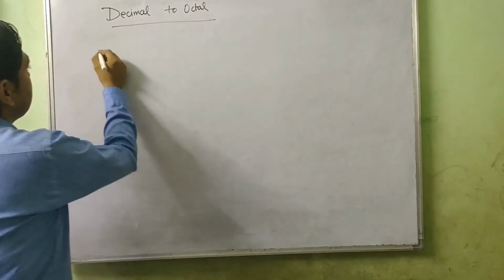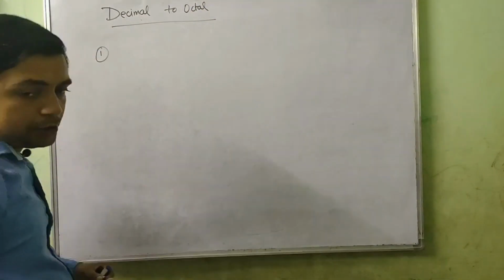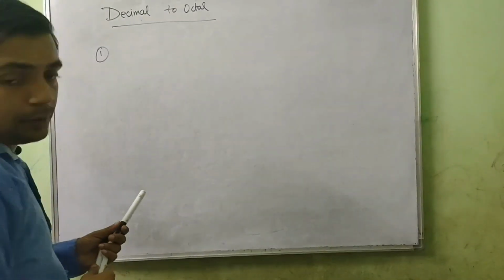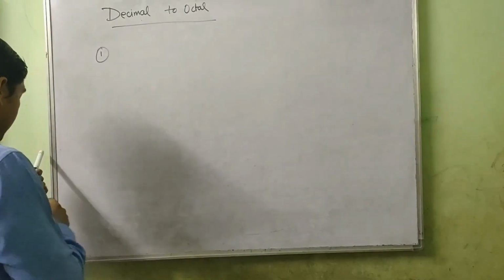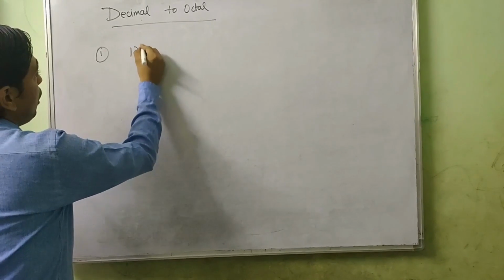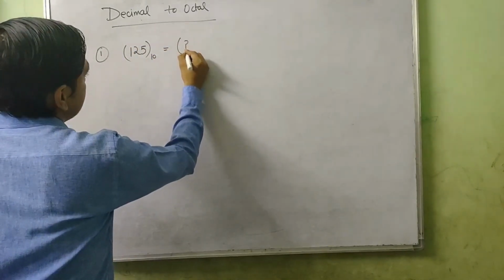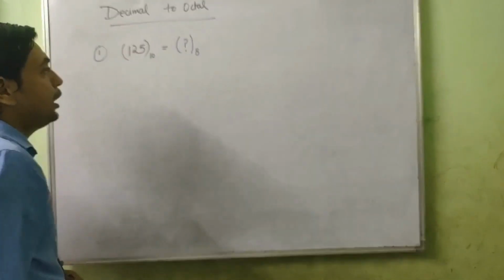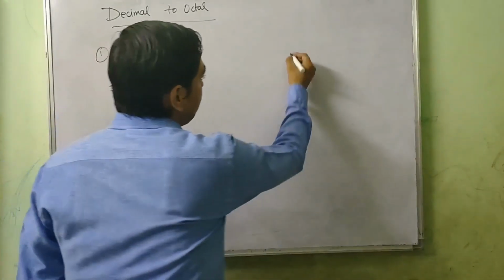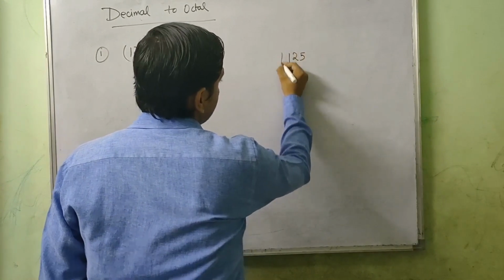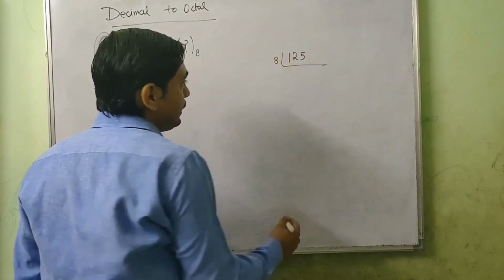Now the first number that we are taking for this conversion is 125, and we are going to convert 125 into octal. Now the process is the same. We will note down the number, and this time we will divide by the base, and this time the base is 8.